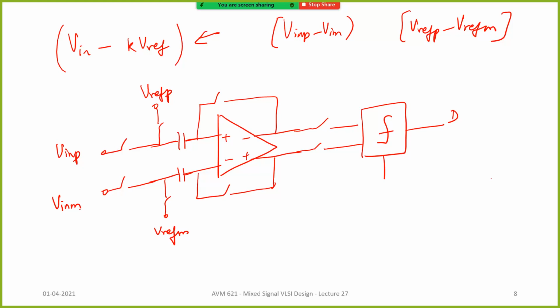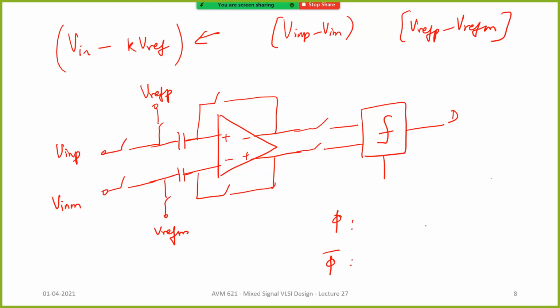So in one phase of the clock, there are going to be two phases, phi and phi bar. Phi phase of the clock can be taken as the auto zeroing phase. All right. Of course, you will also have an RS latch, right?